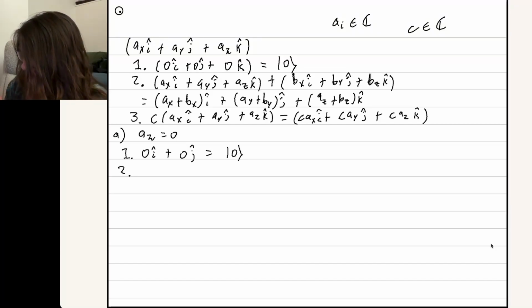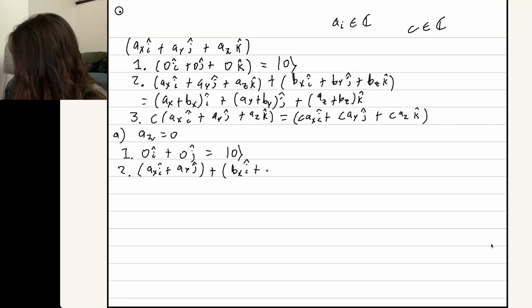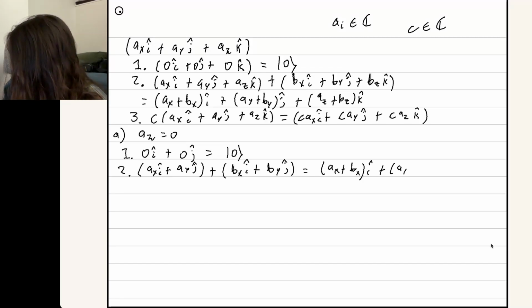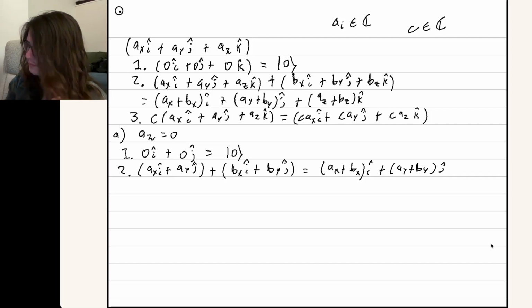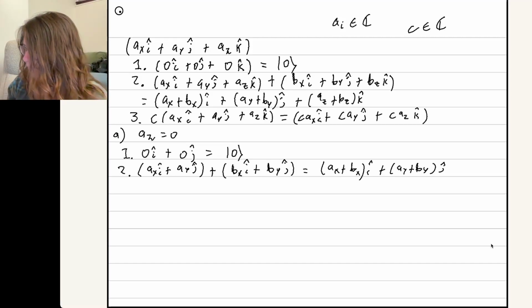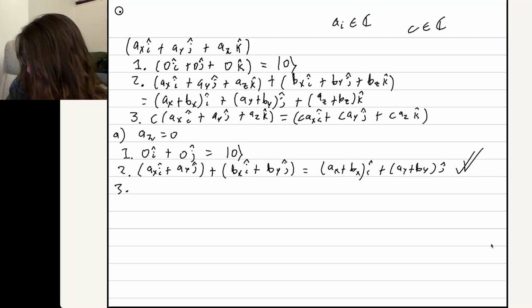Two, is it closed under addition? So we'll have ax i hat plus ay j hat plus bx i hat plus by j hat, which is just going to be ax plus bx i hat plus ay plus by times j hat, which is still in the confines of the space, so it's closed under vector addition at least.